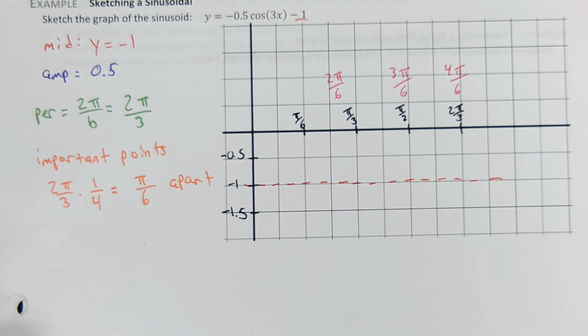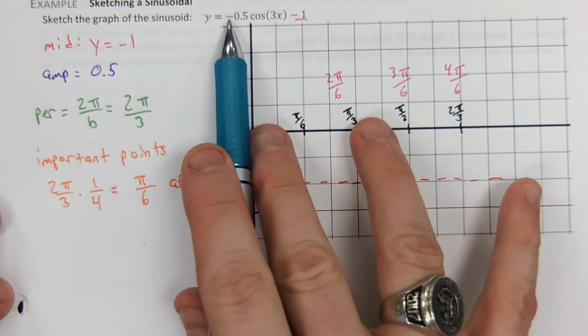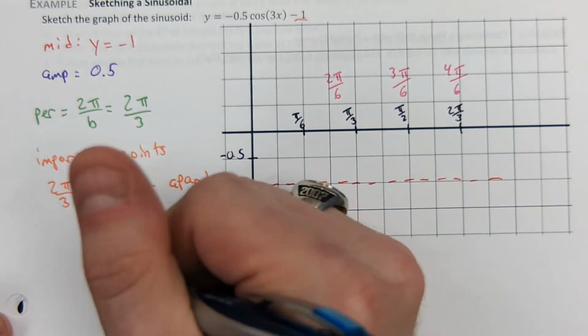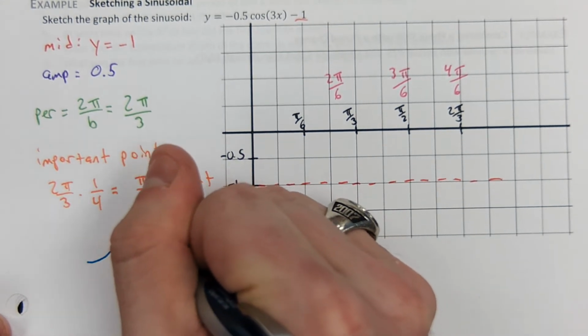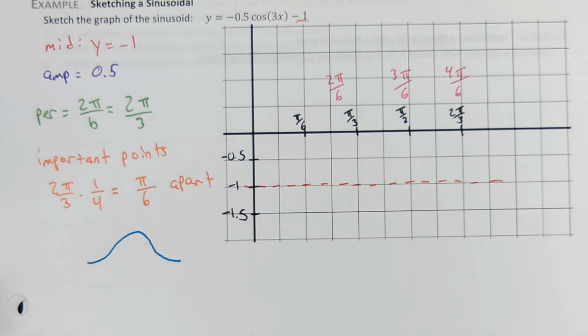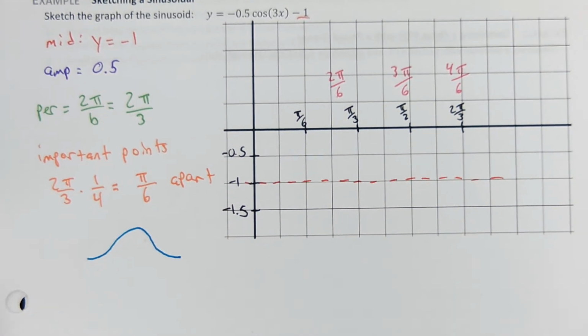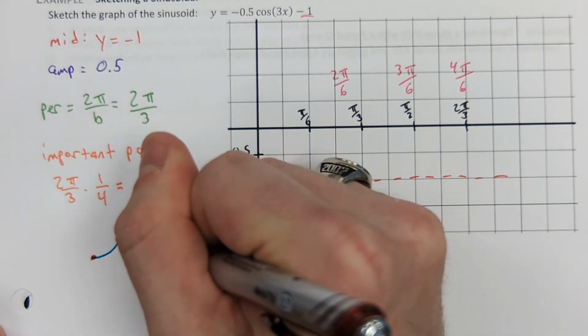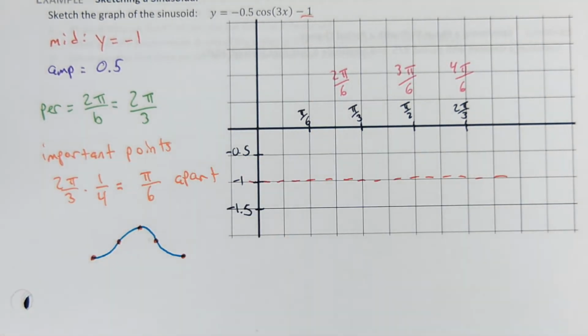Last thing we need to figure out is our shape. Our shape is a negative cosine. Since cosine is supposed to start at a maximum, a negative cosine is going to start at a minimum. We will have a bell shape like this. And our important information is going to occur there, there, there, there, and there.